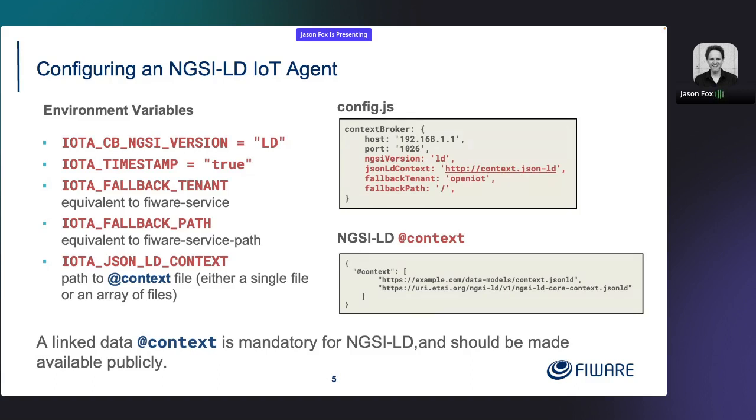When I'm saying you can configure a config file, obviously, as you would expect, this is a containerizable microservice. It is configurable using environment variables. And once again, you can set the IoT agent context broker version, or fallback tenant, or fallback path, or whatever, to set these values.